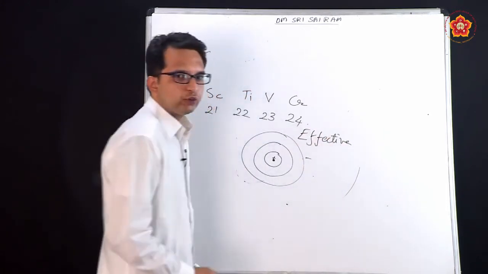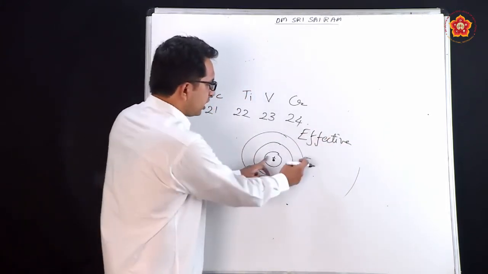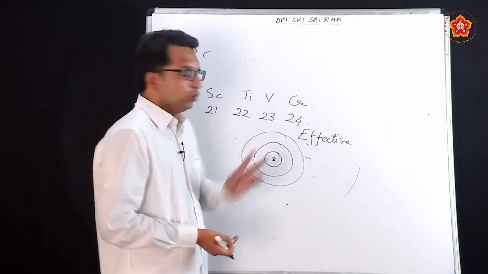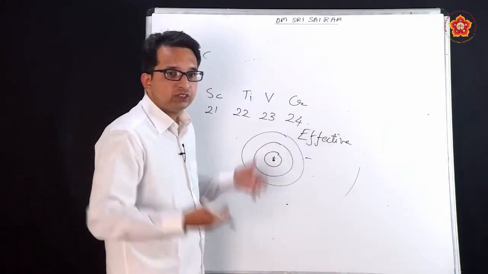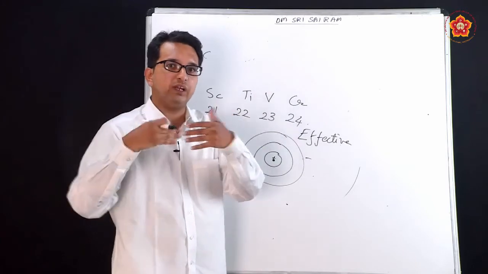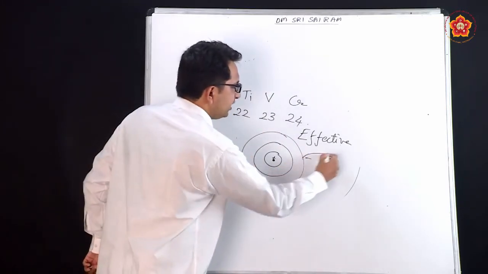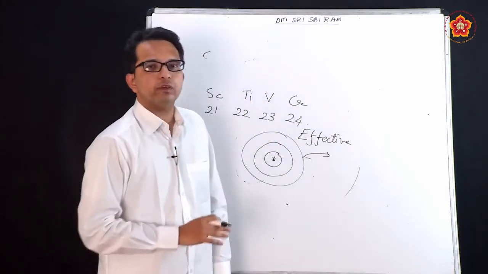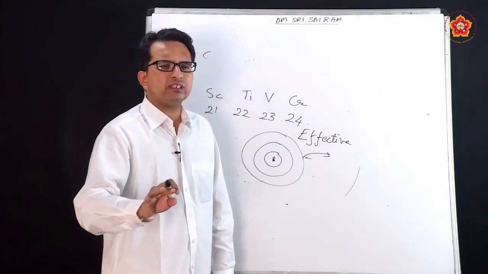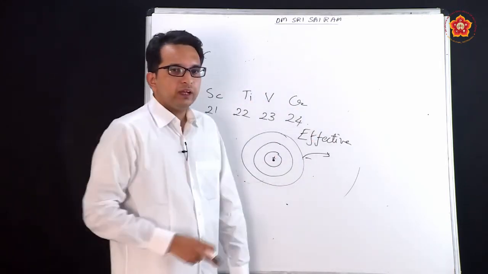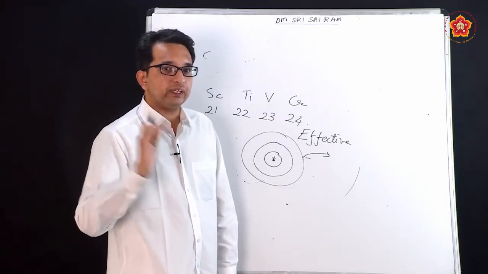What is this effective nuclear charge? The overall charge between these two species. As it goes on, naturally there is more attraction, and because there is more attraction, you need high energy to remove the electron. So, in a natural case, as we go, the energy will keep on increasing.